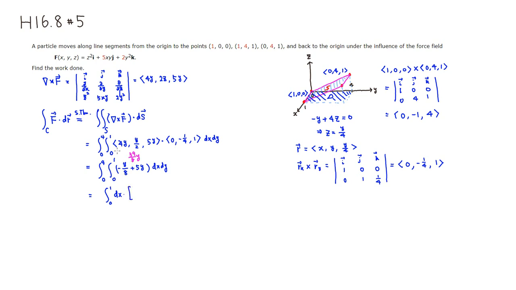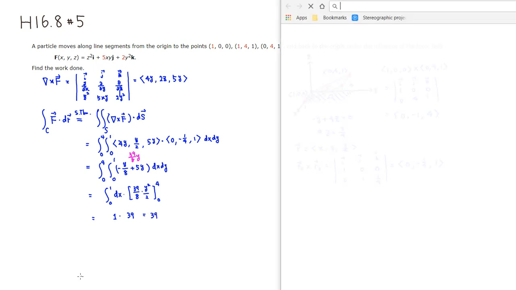The antiderivative of y is y squared over 2, going from 0 to 4. The integral from 0 to 1 is 1 anyway. If you plug in 4, 4 squared is 16, that will cancel, and you have 39 minus, if you plug in 0, it's 0. So this is going to be simply 39.